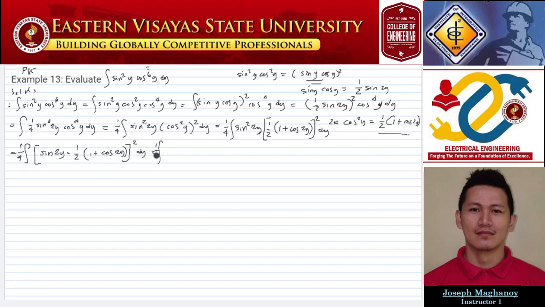Okay, we have 1/4. So if we're going to multiply 1/2, it will become sine 2y quantity 1 plus cosine 2y all over 2. Then your power 2 dy. Now we multiply this sine 2y inside the bracket.